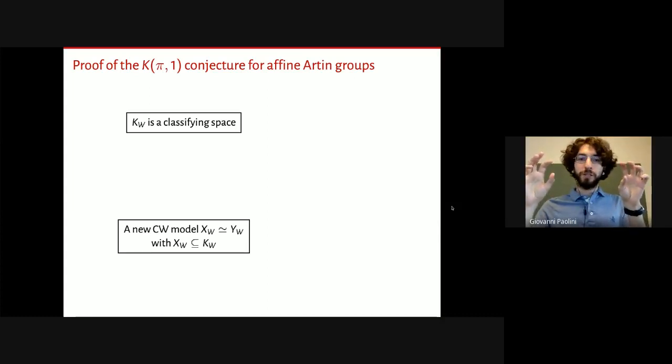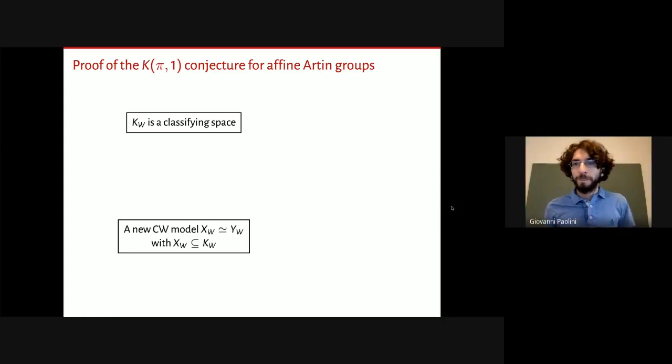And one way to do that is to change one of the two, say the configuration space YW, so that its structure, combinatorially, resembles the structure of the classifying space that we have. In particular, we construct a CW complex of the same homotopy type as YW, which is naturally a subcomplex of the classifying space KW.